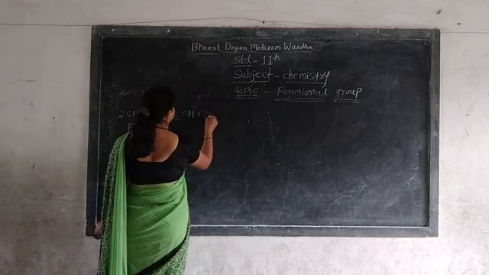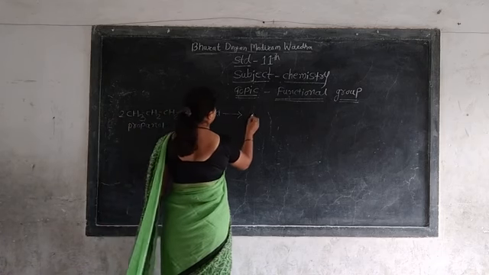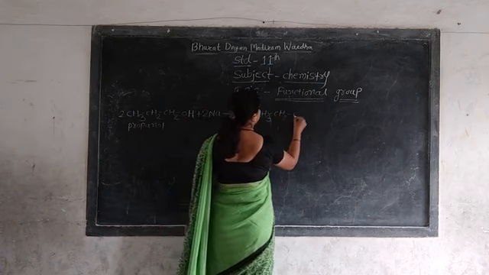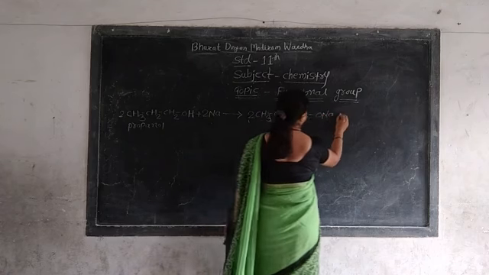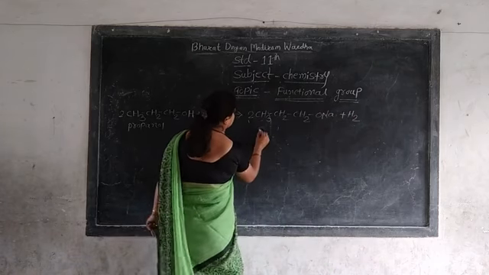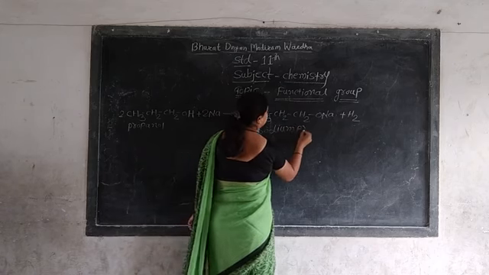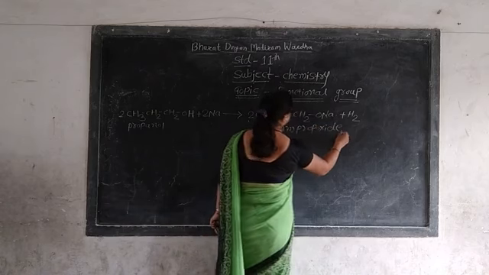Plus 2Na gives two molecules of CH3CH2CH2ONa plus H2. The name of this compound is sodium propoxide.